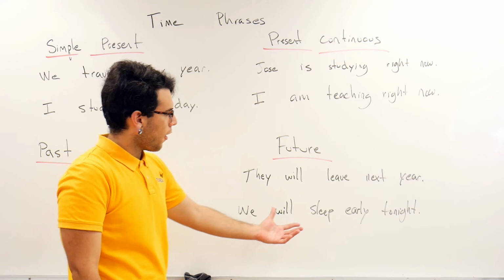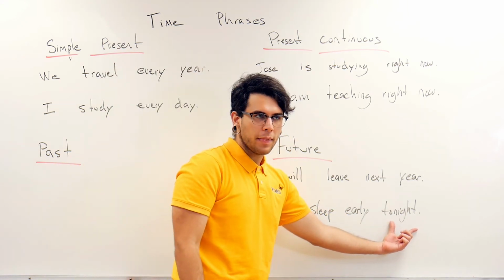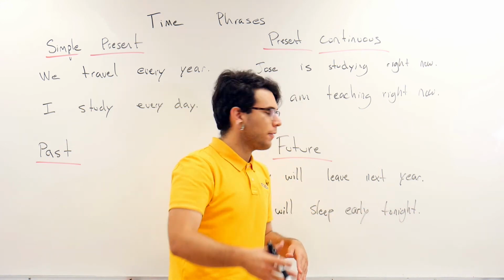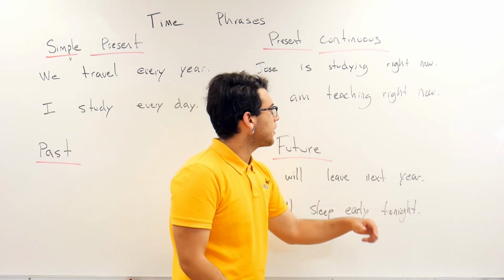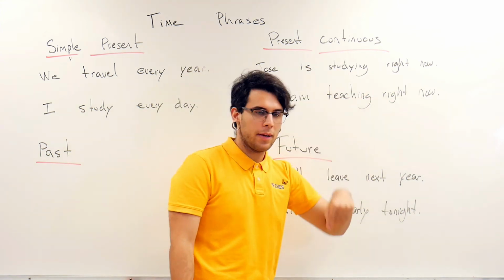And our time phrase here, of course, is tonight. That's a specific time that's going to happen in the future. For the first one it will be next year. Of course, over here in present continuous, the time phrases are now, it's happening at the moment.